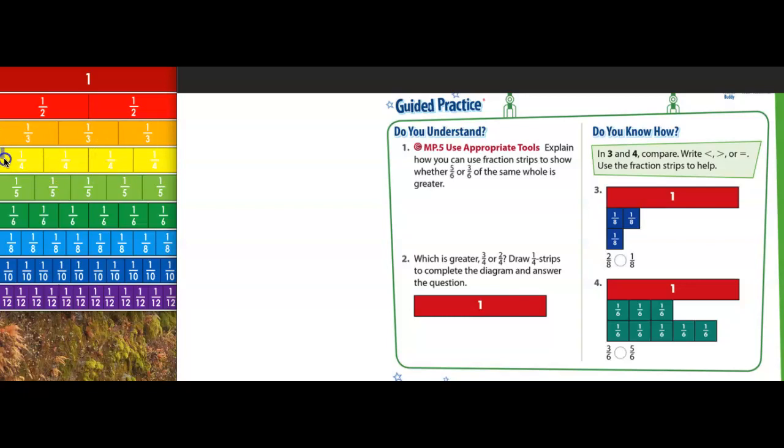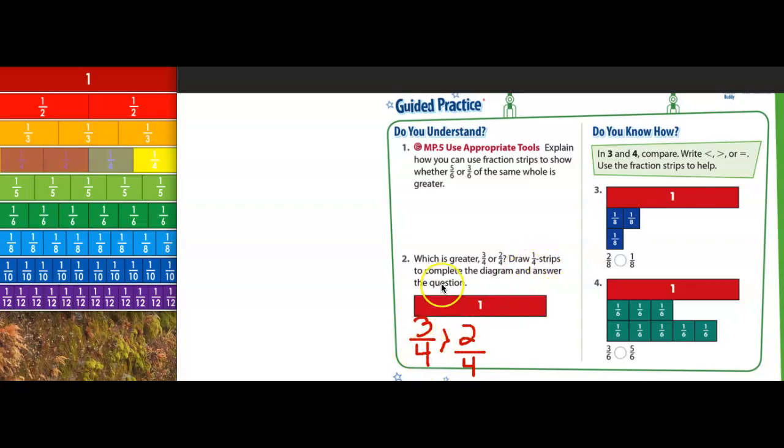So if I do 1, 2, 3/4, I can see that 3/4 is greater than 2/4, because each part is the same size and there's one more part for 3/4.